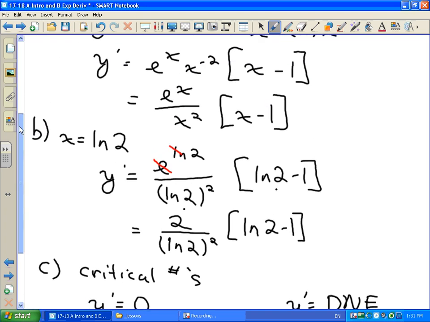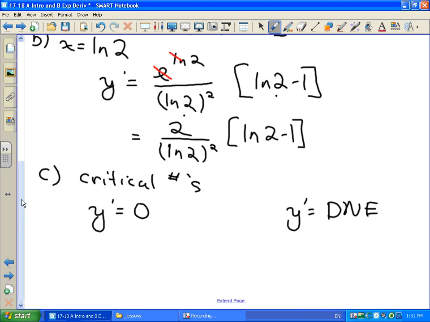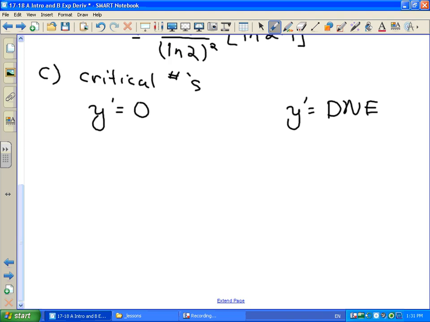What is our derivative here? Well, we've got this expression e to the x divided by x squared times x minus 1. So if we're looking for places where the derivative is equal to 0, recall that we are going to set our numerator equal to 0. And if we're looking for places where our derivative does not exist, we're setting the denominator equal to 0.